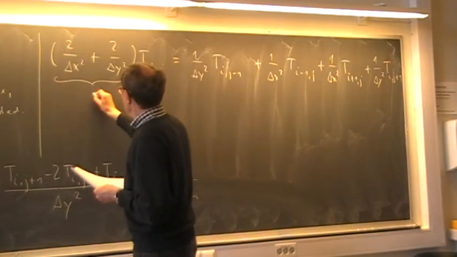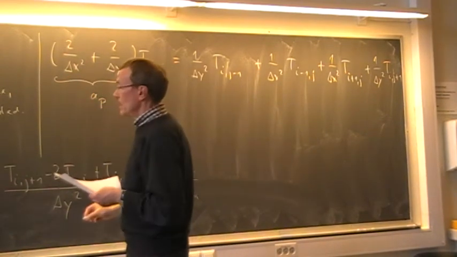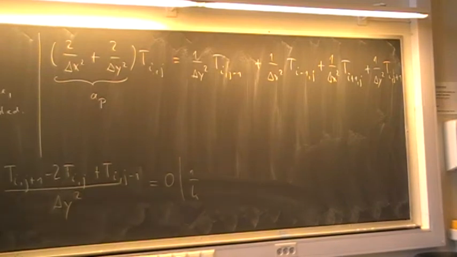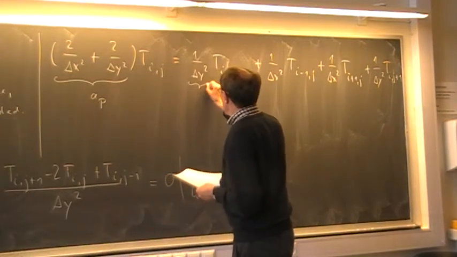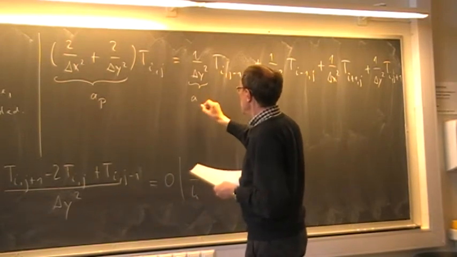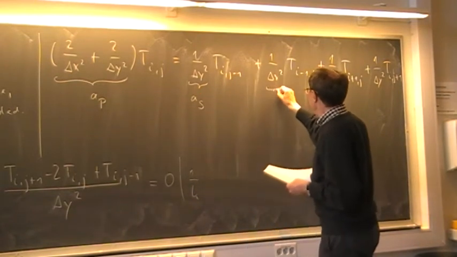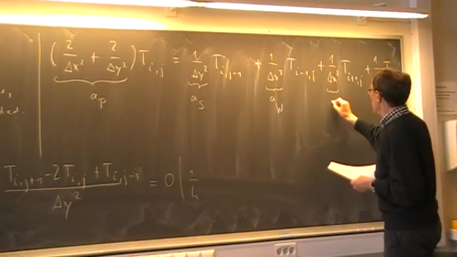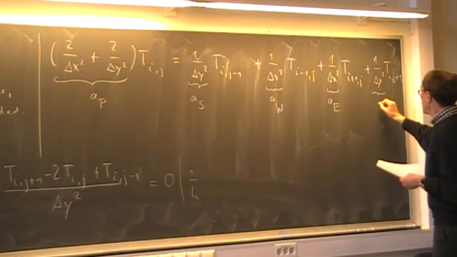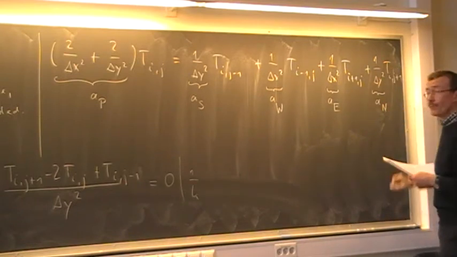This is the AP coefficient. The P is sitting in the center. This is the A south, the A west, the A east, and the A north.